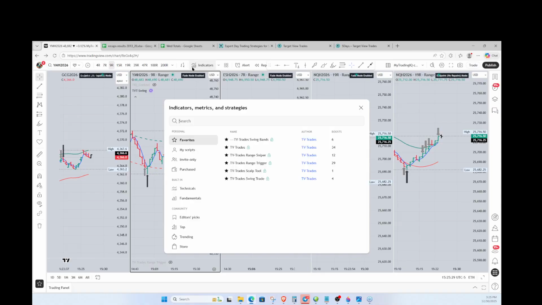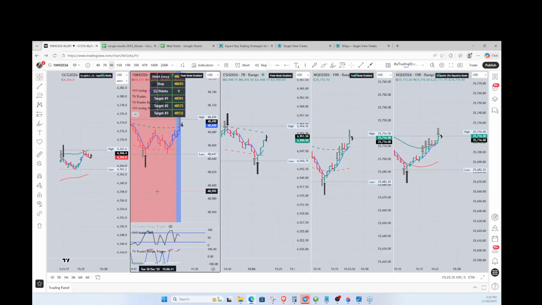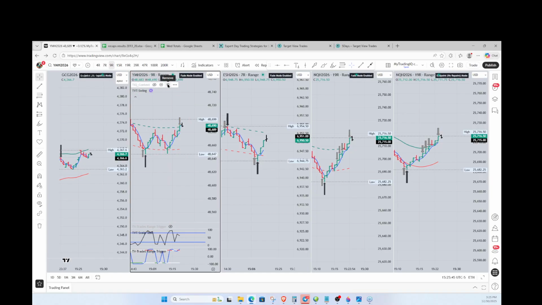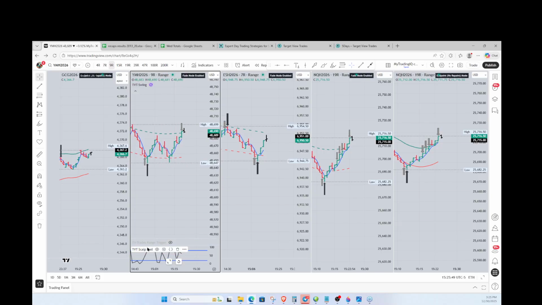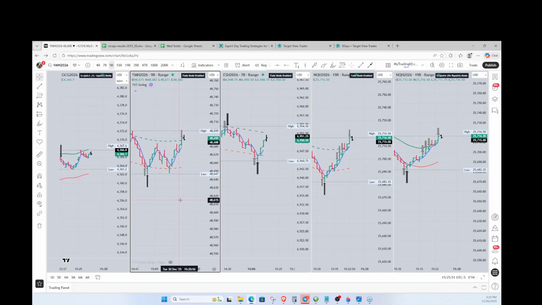But if I wanted to put like all the TV trade stuff on here, I can put them all on at once, and I can put another dozen on if I want to. You know, you don't need all that, but you can. Okay, you can put as much on there as you want.